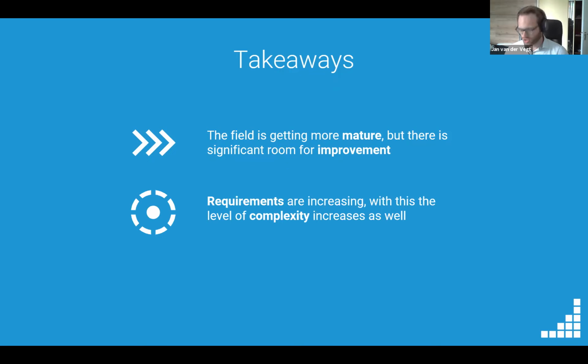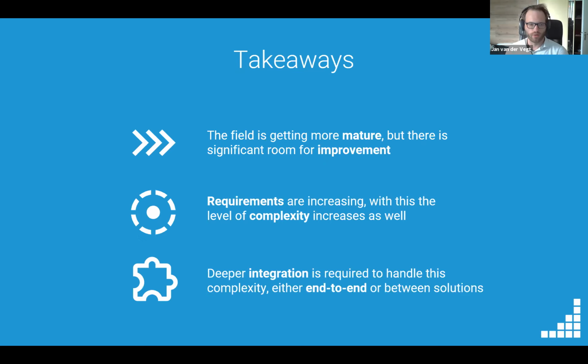And because machine learning is becoming a more common thing in organizations, it also means more business critical applications are reliant on machine learning models. There's more and more at stake, and this means the level of complexity increases as well, which requires you to deal with these challenges in a better way.